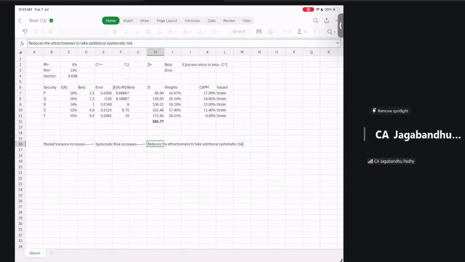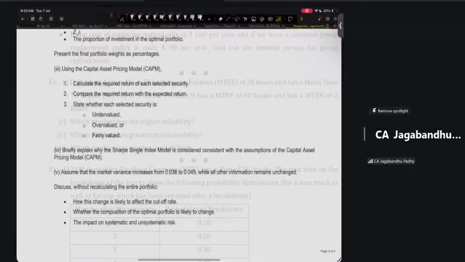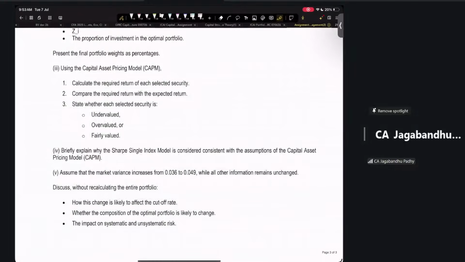So you won't find it lucrative to take additional systematic risk, right? And therefore, that will further reduce the C star, or the cutoff rate is going to decrease. So this is going to reduce your cutoff rate.